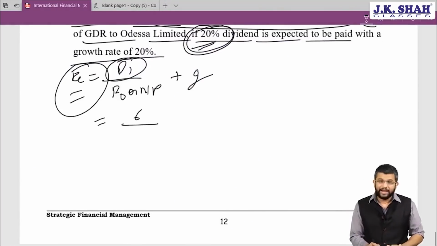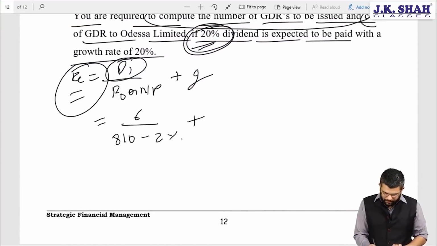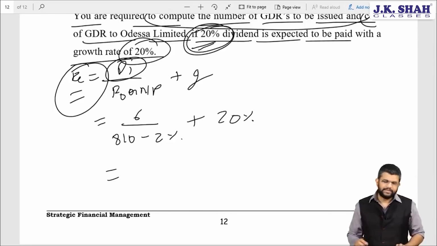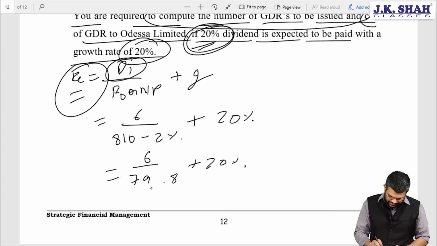So my net proceeds will be 810 minus 2%, plus the growth rate given, which is 20%. 810 minus 2% will be 793.8. So it is 6 upon 793.8 plus 20%.